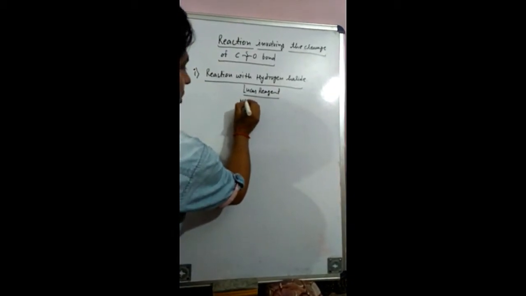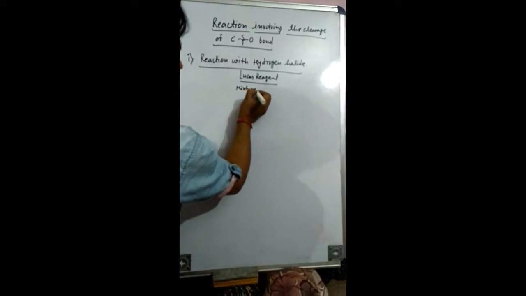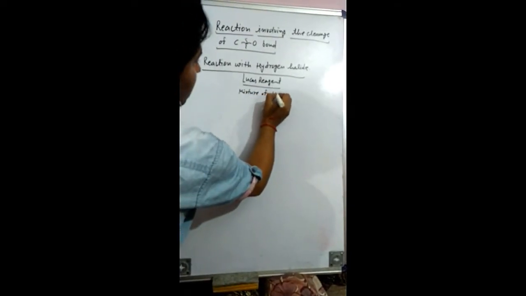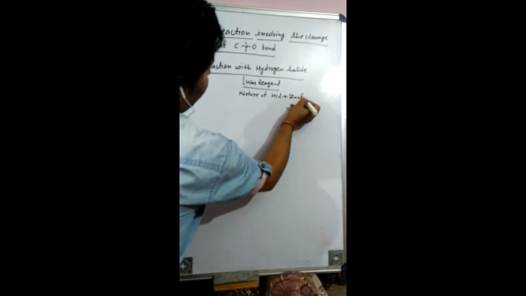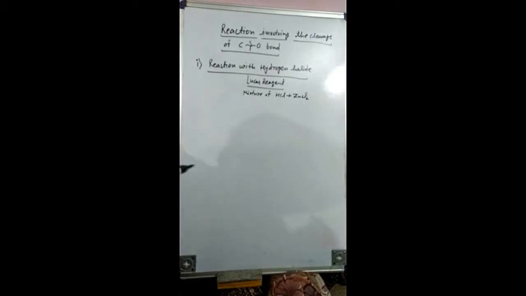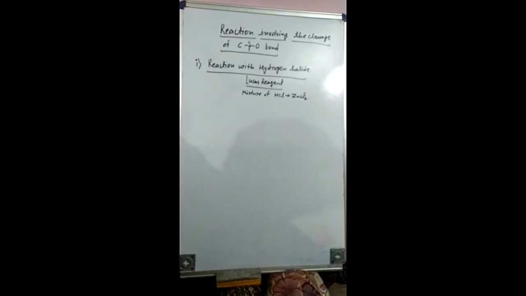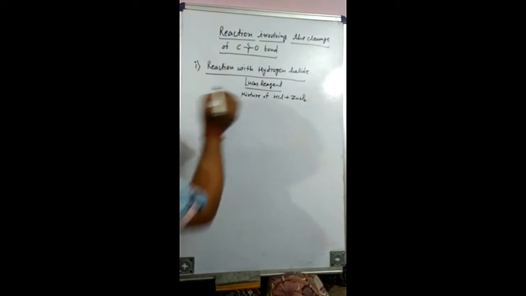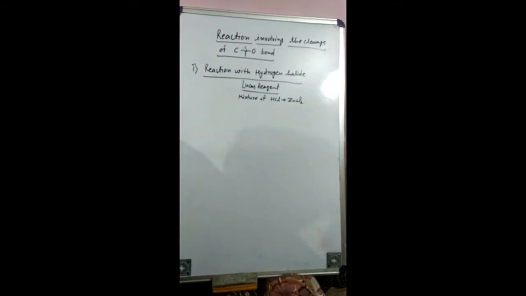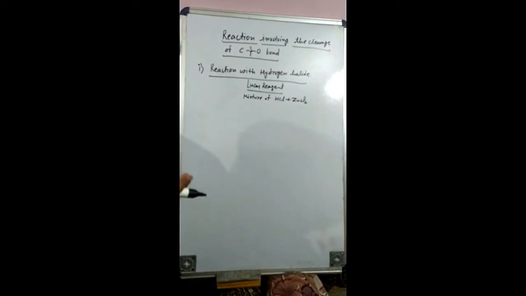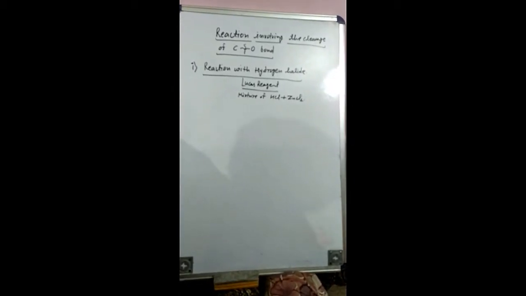It is a mixture of HCl and ZnCl2. That is a very important reaction because with the help of this reaction we can identify the primary alcohol, secondary alcohol and tertiary alcohol.